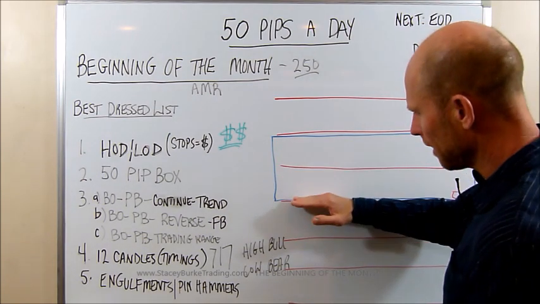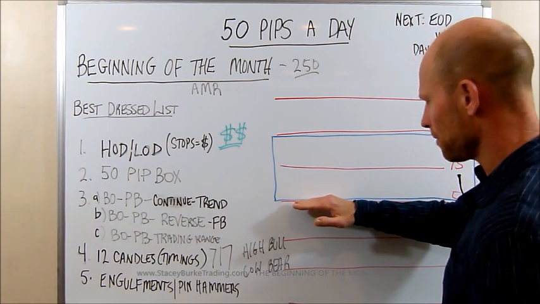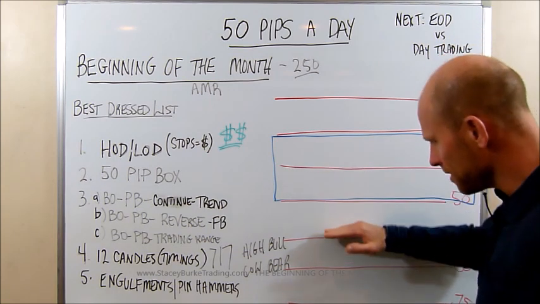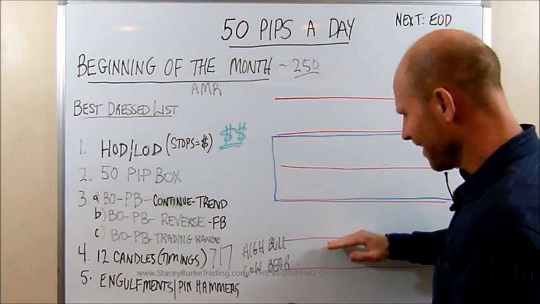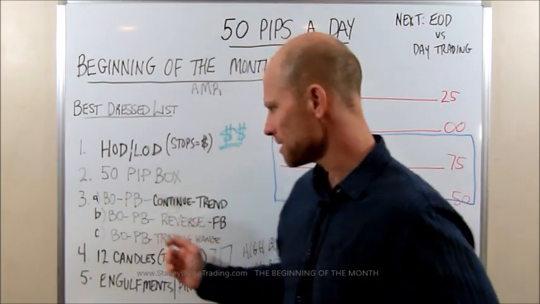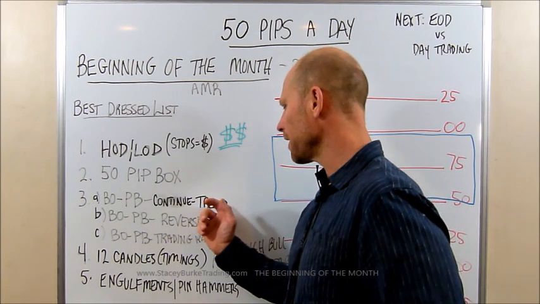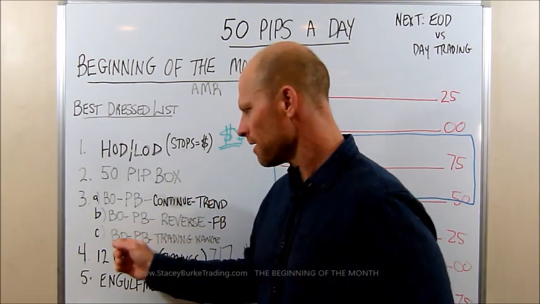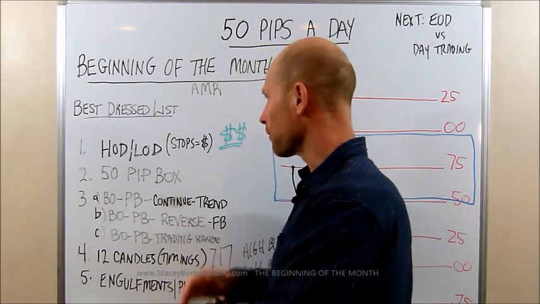They might break out to a level down at the bottom of double zeros or 50 and pull back inside for the continuation and the measured move, and then do the same thing underneath. So it's always about these 3 things: breakout, pullback, continuation, trend; breakout, pullback, reversal, false break; breakout, pullback, trading range.